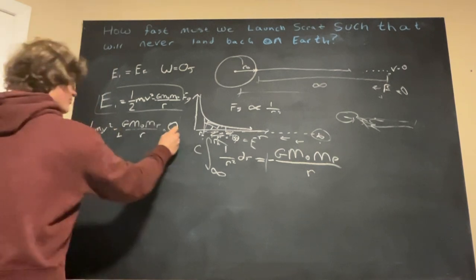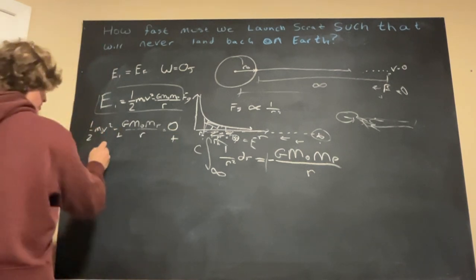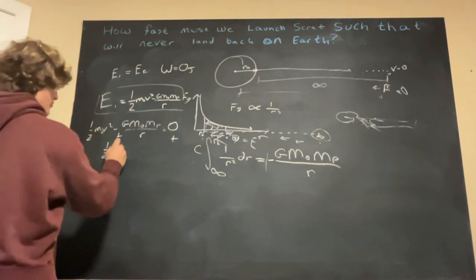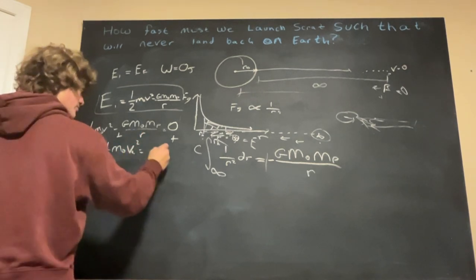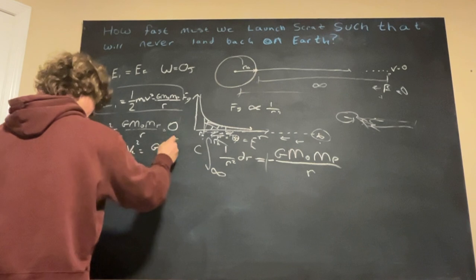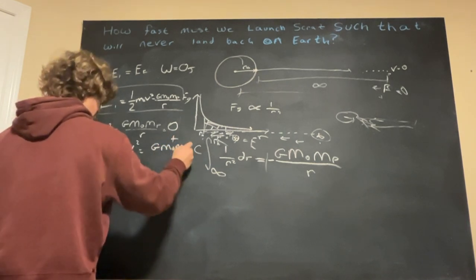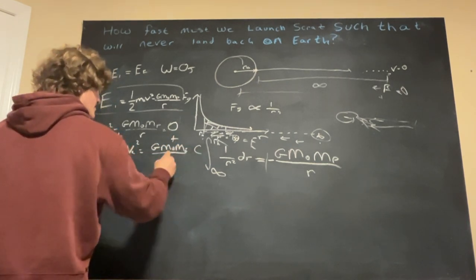Adding this to both sides, we get 1/2 m_o v_escape squared is equal to G times the mass of the object times the mass of the Earth divided by the radius of Earth.